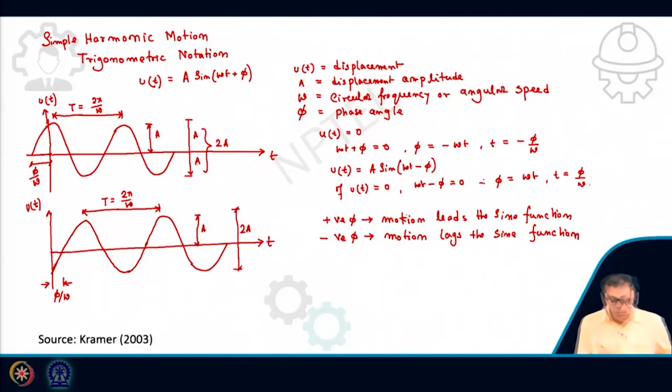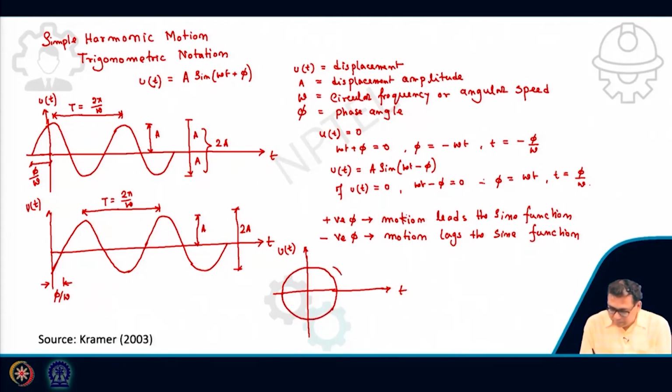Okay. Now we have written that this one is the circular angular speed or circular frequency. Now if I represent that in this form, this is my t axis and this is u(t) axis, the displacement, and it is moving in a circular motion, and that is omega.